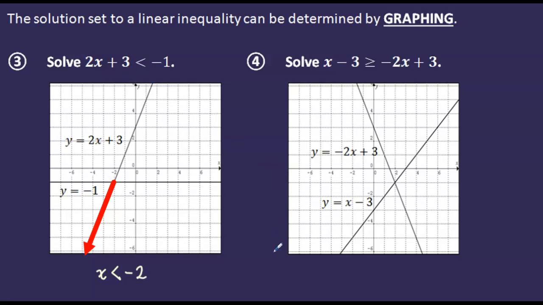Looking at example 4, I'm comparing these two lines. Is this line greater than, or above, the other line? So now taking a look at the two lines and their respective equations, we're looking for when this line, given by x minus 3 on the left side of that inequality, is greater than this other line.